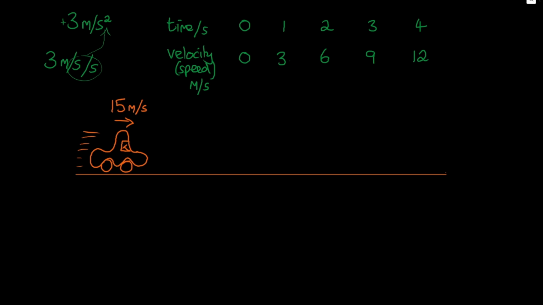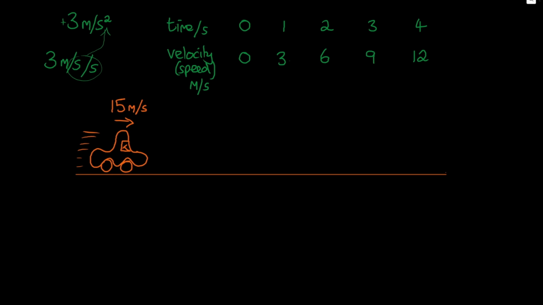So this is just over 30 miles an hour, the kind of speed that cars would be traveling along a town road, for example. And let's say that the car brakes now.